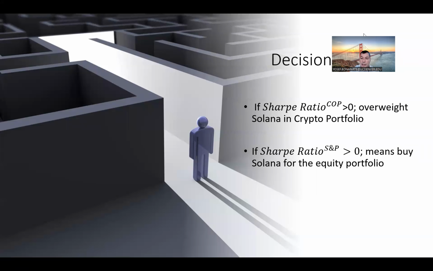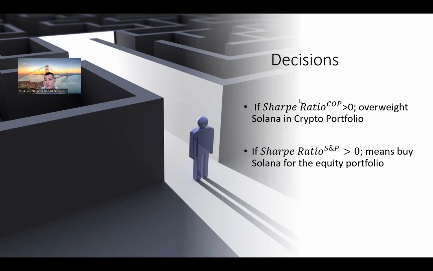How are we going to do that? If the Sharpe ratio for the crypto overall portfolio is greater than 0, that means overweight Solana in a crypto portfolio. If you have a crypto portfolio, then buy more Solana. If the Sharpe ratio for the S&P is greater than 0, it means buy Solana for the equity portfolio. If you have only an equity portfolio without Solana in it, and the Sharpe ratio is above 0, then go and buy Solana.